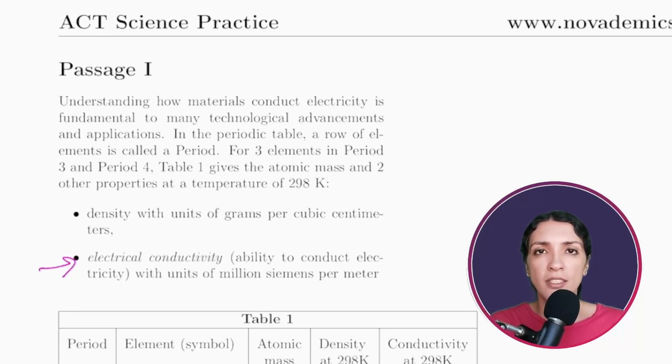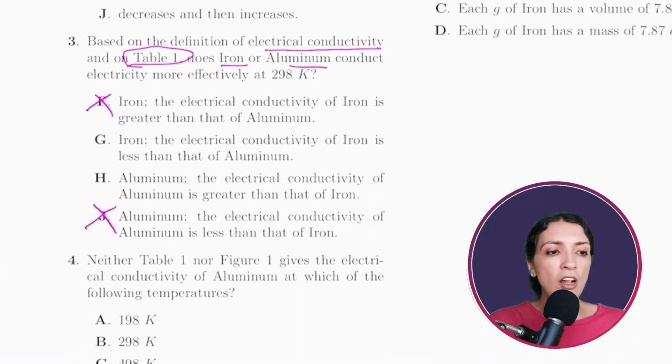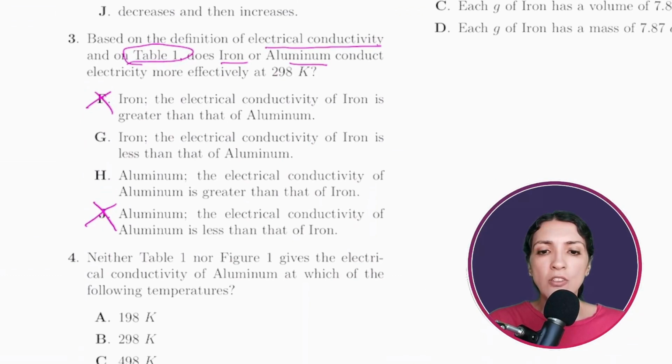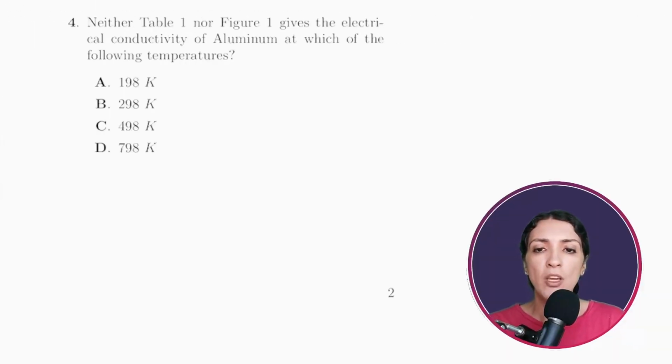So higher conductivity means a higher ability to conduct electricity, which means that the material conducts electricity more effectively. So ultimately, the choice is choice H, because aluminum has a higher electrical conductivity and therefore it conducts electricity more effectively.